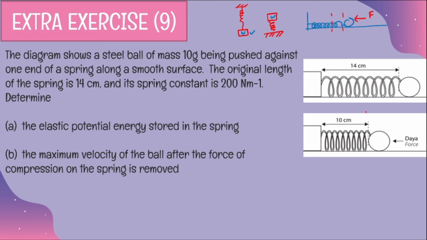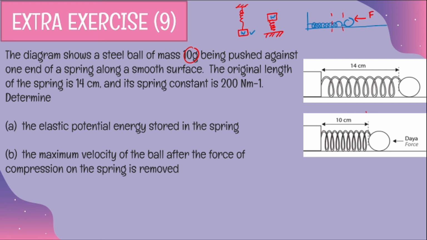The external force applied is not because of the weight of the load or weight of the steel ball. So mass of steel ball doesn't affect the compression or length of spring. Berhati-hati tau. Okay. Nanti jangan terkeliru. Sebab kadang-kadang nanti kamu ambil pula weight dia. Salah.